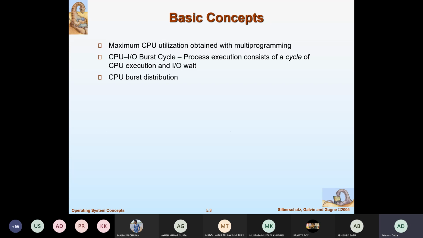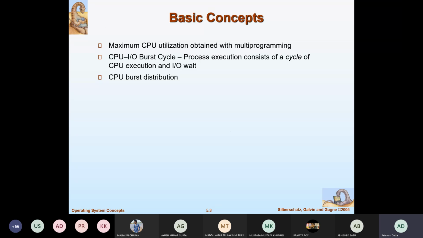On one side you have the degree of multi-programming. On the other side, there is not only one single CPU; there can be a number of CPUs in your system. There may be dual core, maybe quad core. Maybe 4 CPUs, maybe 8 CPUs, maybe 16 CPUs. On the other hand, you are submitting a number of processes for execution.